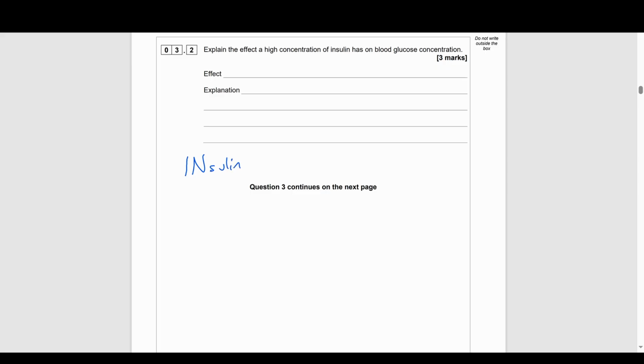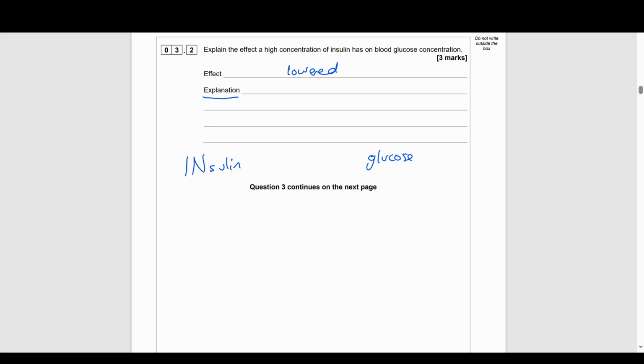So our effect of this high concentration of blood glucose is that insulin is going to decrease it. So it's going to be lowered. But what is actually going to be the reason why it's going to be lowered? Well, we have to remember what happens to this glucose when insulin is released.